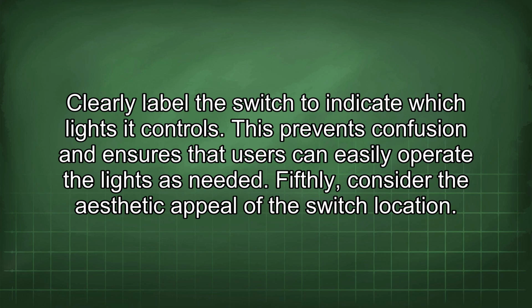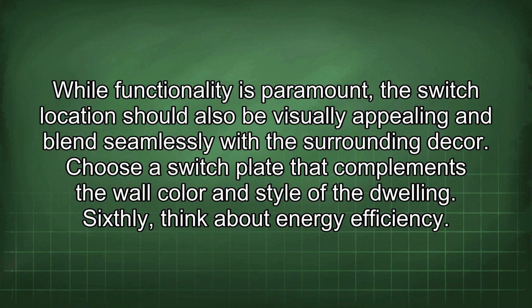This prevents confusion and ensures that users can easily operate the lights as needed. Fifthly, consider the aesthetic appeal of the switch location. While functionality is paramount, the switch location should also be visually appealing and blend seamlessly with the surrounding decor. Choose a switch plate that complements the wall color and style of the dwelling.